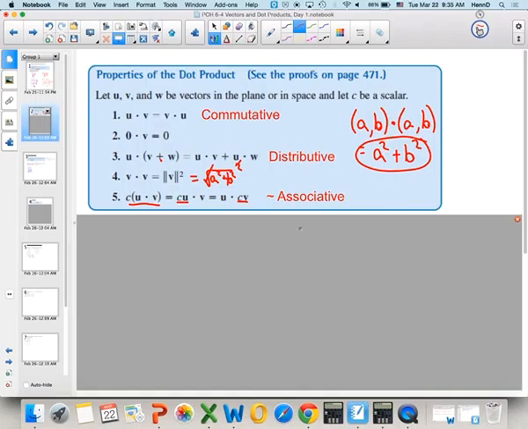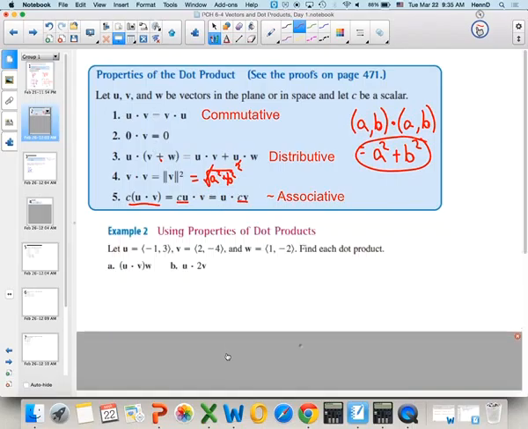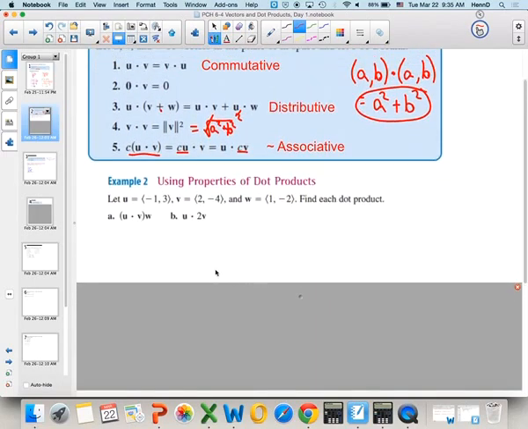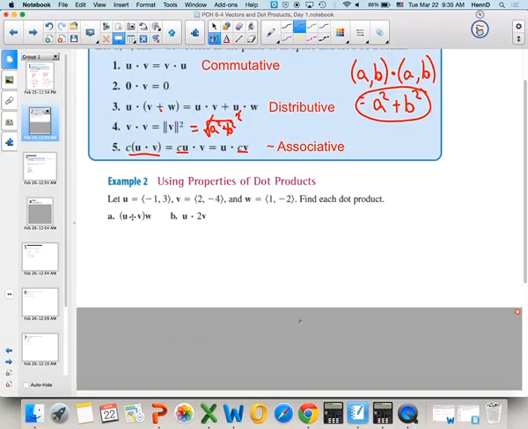So if we think through this, if I'm doing u dot v dot w, like the associative property, I want to do u dot v first.